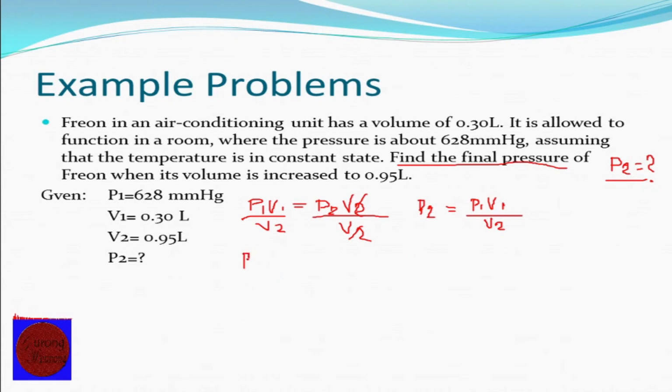So P2 is equal to, so the value of our P1 in the given is 628 mmHg.